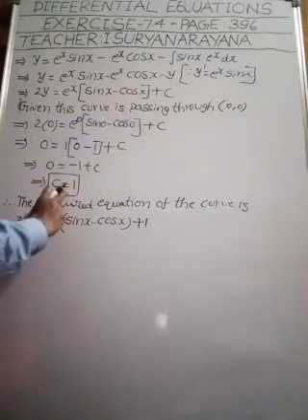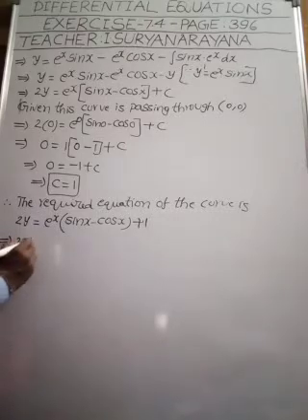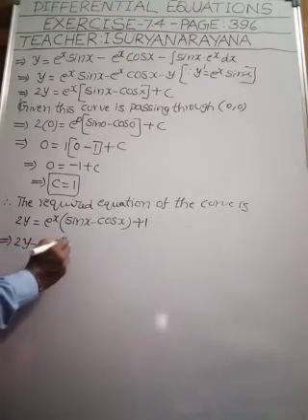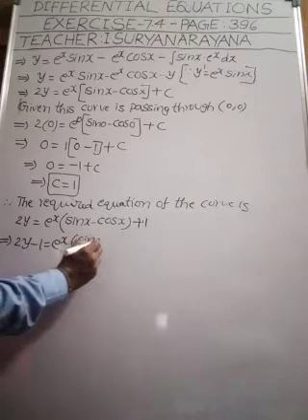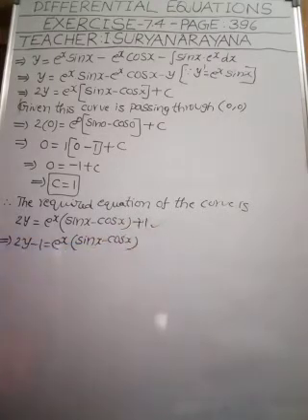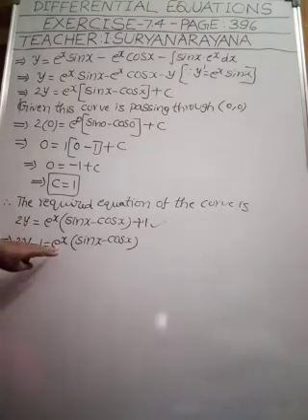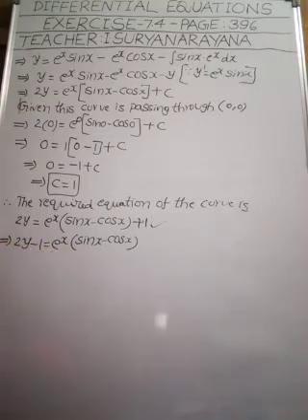We are substituting c value. Okay, my children? This implies 2y minus 1 is equal to e power x into sin x minus cos x. You can stop at this step also. Nothing to worry, my dear children. Or you can write some more steps. That is enough. Okay, my dear children. Understood? Right.